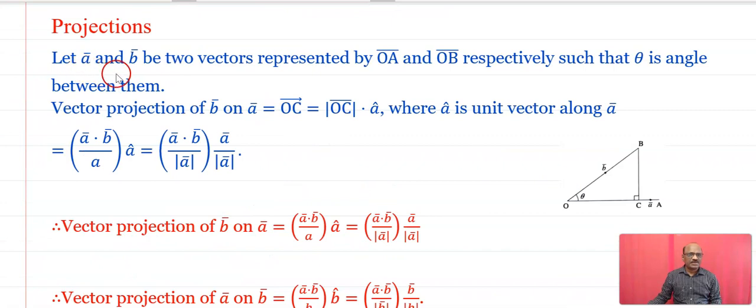Projections. Let a bar and b bar be two vectors represented by OA bar and OB bar respectively, such that theta is the angle between them.